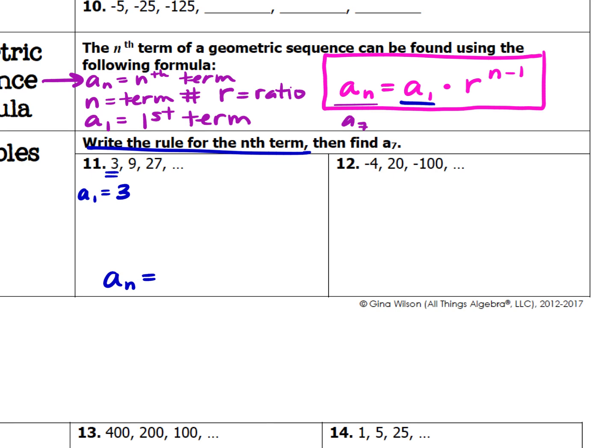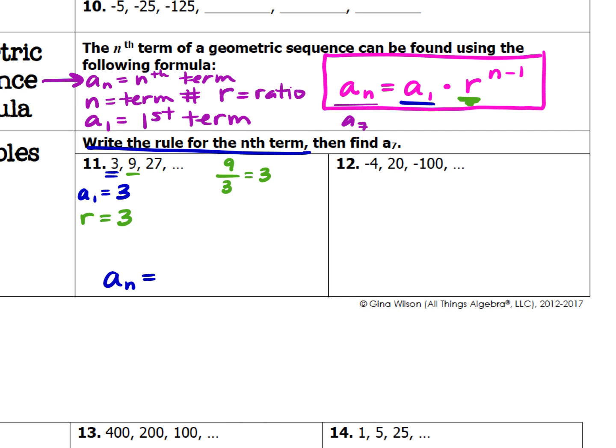Okay. I also need to know what r is in this problem to be able to plug that in. 0.3 or 3? You take the second term and divide by the previous term, right? So that's your r. Your r is 3 in this one.